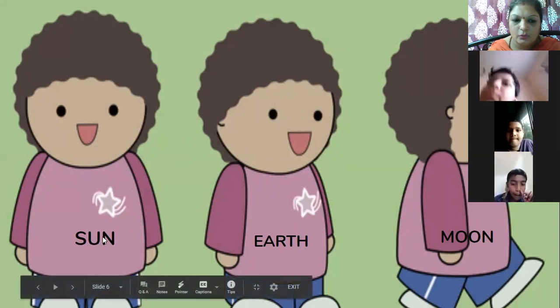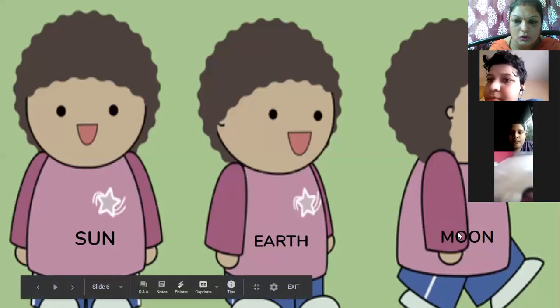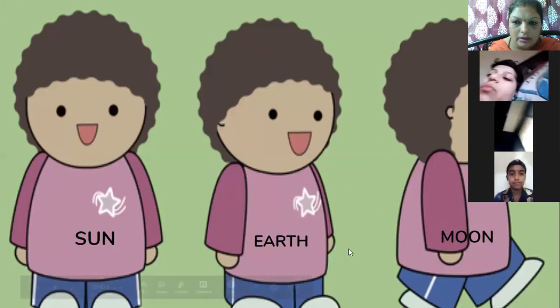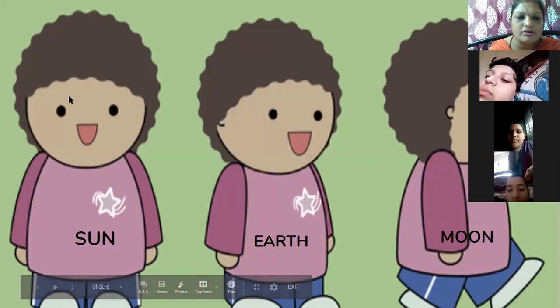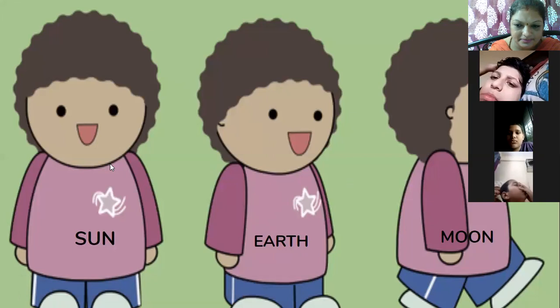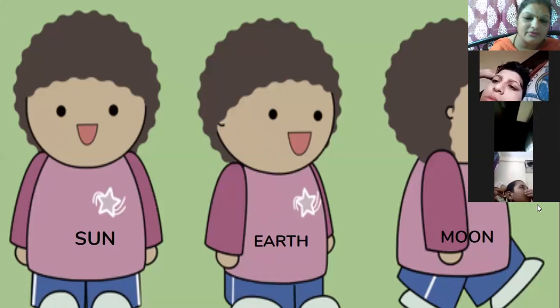Here, one student will be the sun, one student will be the earth, and one student will be the moon. So the moon revolves around the earth and the earth revolves around the sun. This experiment should be conducted. So when the school reopens, we'll do it.